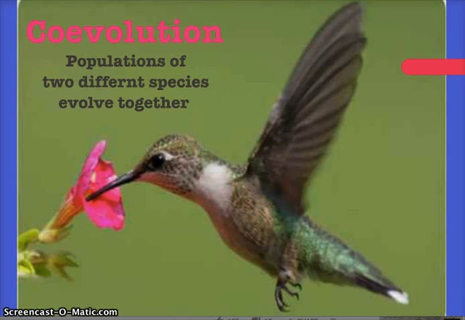So in this case, it's birds and flowers, or bees and flowers, or any organism that lives closely with a flower because it pollinates the flower, so it helps spread or helps the flower reproduce, and at the same time it's getting food. So it's a perfect evolution where they need each other in order to survive, and they benefit from each other, which is a type of relationship called mutualism.